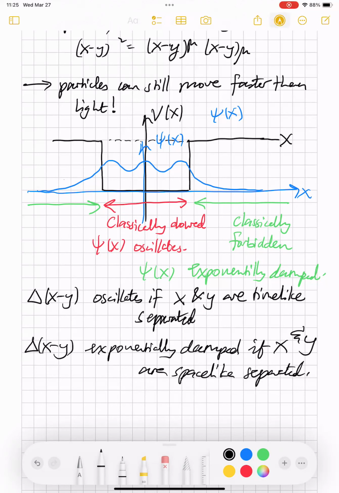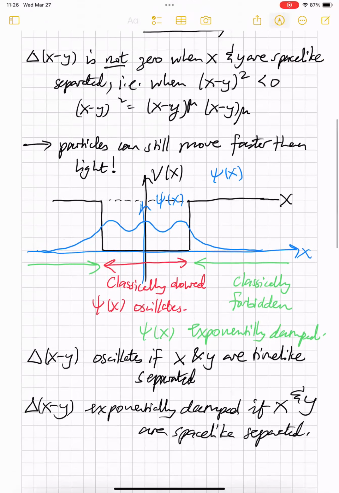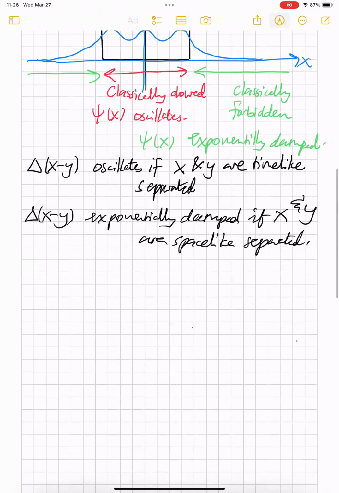So if they're space-like separated and you increase the separation between them, this delta of x minus y decays exponentially. Just to make sure that you know what I'm saying here, let's say that x mu is 0, x and y mu is 0, y.